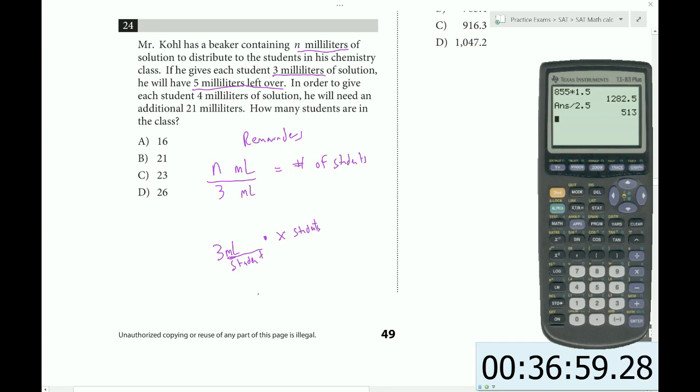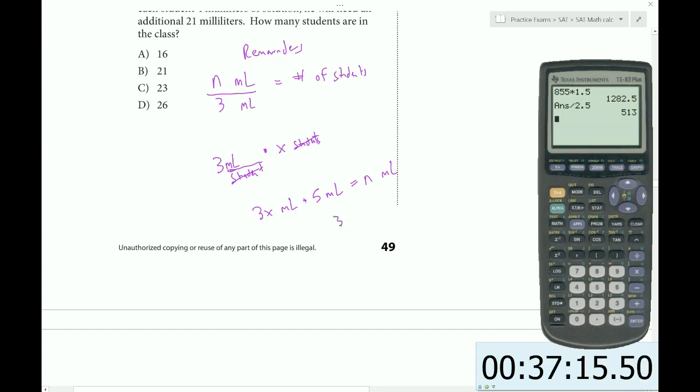Okay, so 3x would be the number of milliliters that I handed out to those students. And then I still have 5 milliliters left over. And that is going to equal the total number of milliliters, which is n. So if I get rid of the units, then I have 3x plus 5 is equal to n, right?